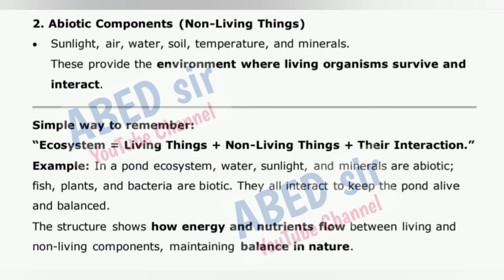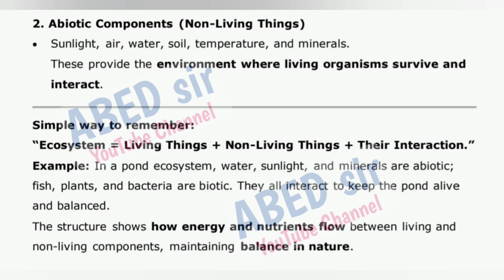2. Abiotic components, non-living things. Sunlight, air, water, soil, temperature, and minerals. These provide the environment where living organisms survive and interact. Simple way to remember: ecosystem is equal to living things plus non-living things plus their interaction.